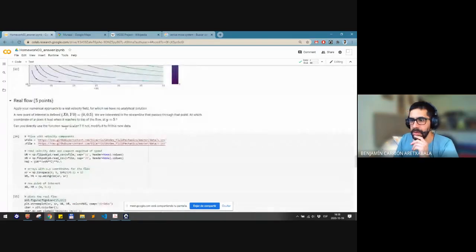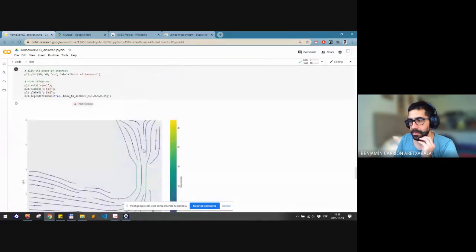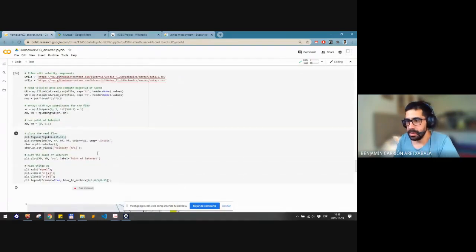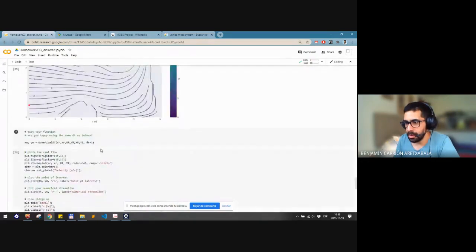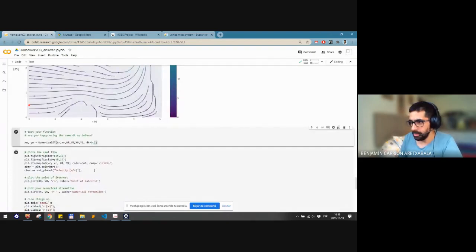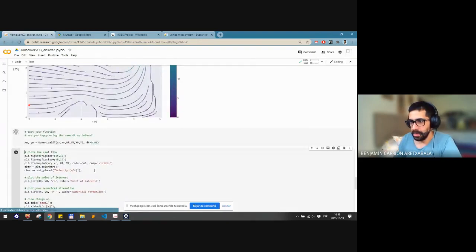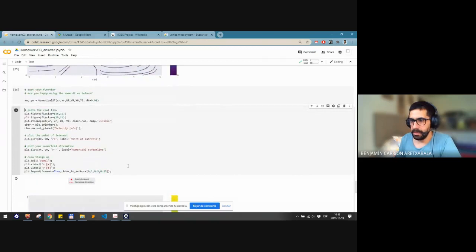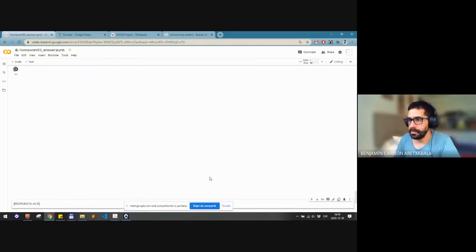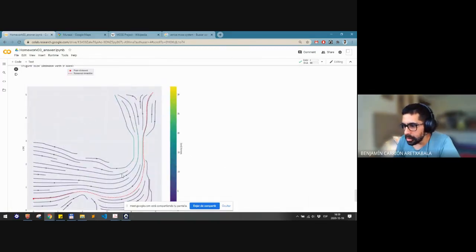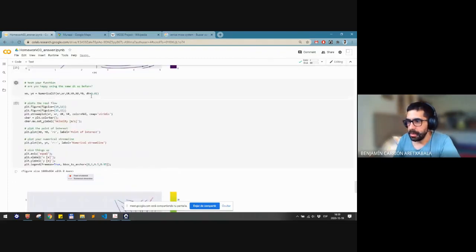And the question was about the value at the top. So let me just use a more reasonable time step, similar to before. Run this. It looks more or less okay, right? I think it was 0.01 before.